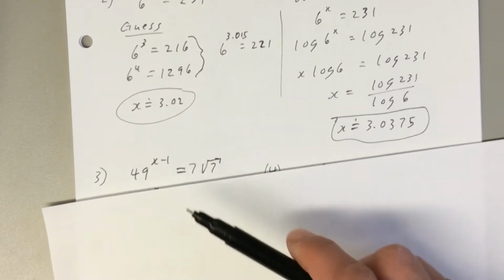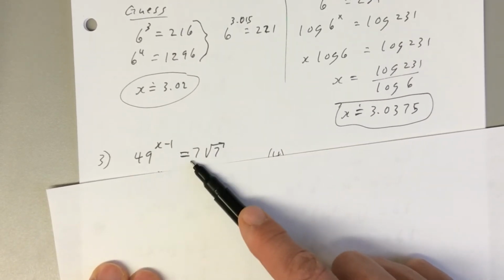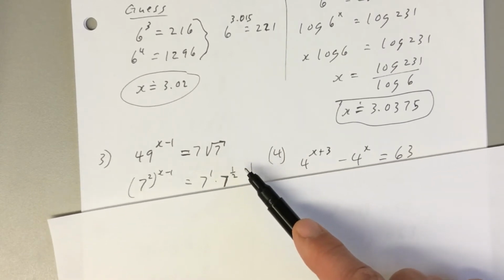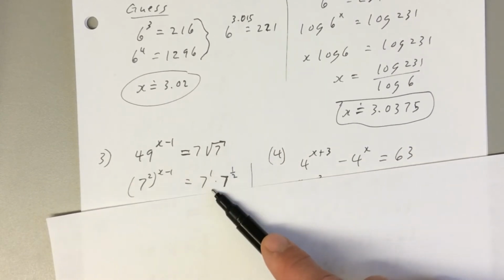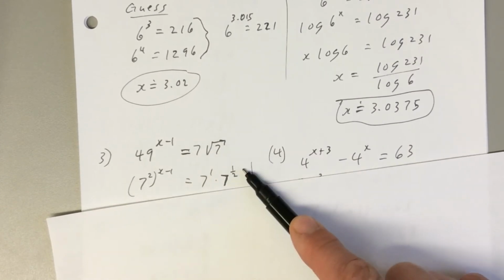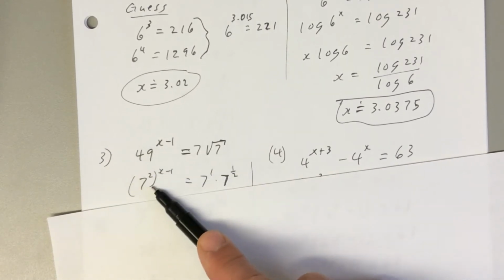Now, what about this? 49 to the x minus 1 equals 7 root 7. Well, we can change the 7 root 7 to 7 to the 1 times 7 to the 1/2, which is 7 to the 3/2. We can change 49 to 7 squared.